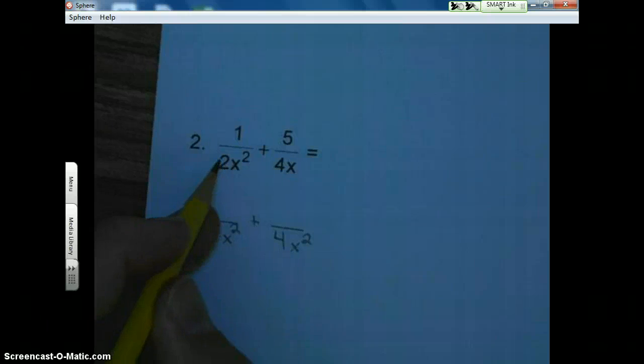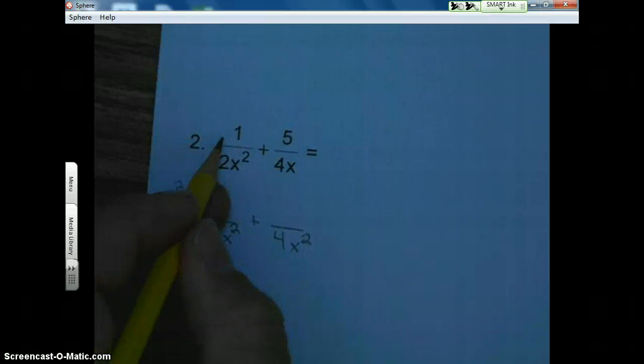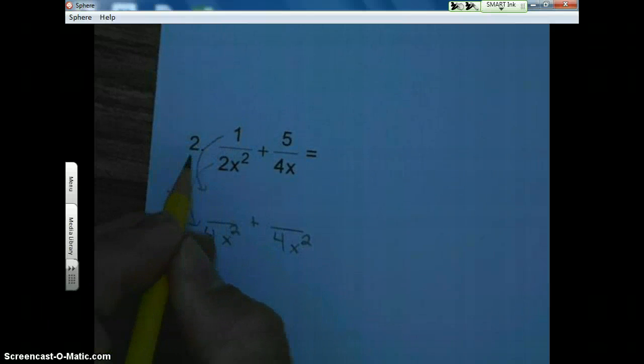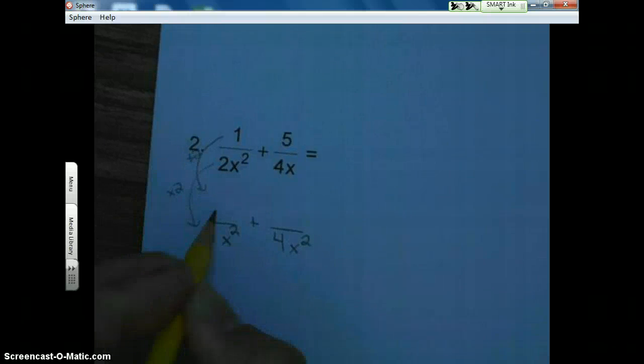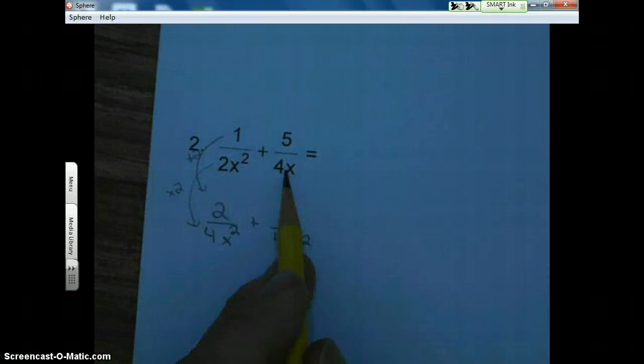Okay, so how did the denominator change? It went from 2x squared to 4x squared. So it multiplied by 2. So if the denominator multiplied by 2, the numerator needs to multiply by 2. So 2 times 1 is 2. Okay, 4x to 4x squared.